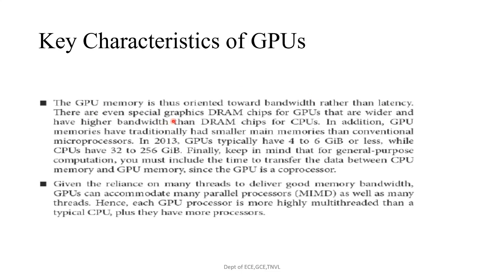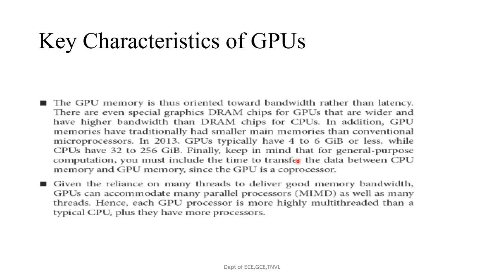There are even special graphics DRAM chips for GPUs that are wider and have higher bandwidth than DRAM chips for CPUs. In addition, GPU memories have traditionally had smaller main memories than conventional microprocessors. In 2013, GPUs typically have 4 to 6 GB or less, while CPUs have 32 to 256 GB.